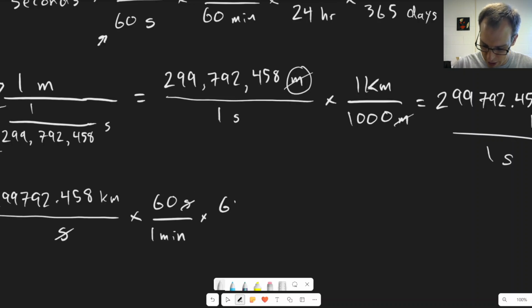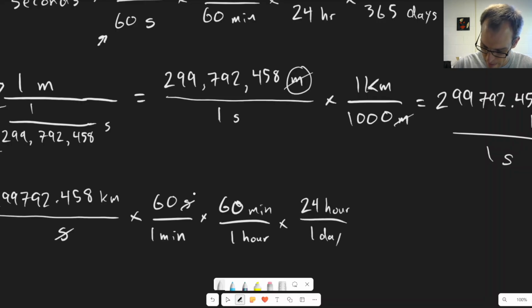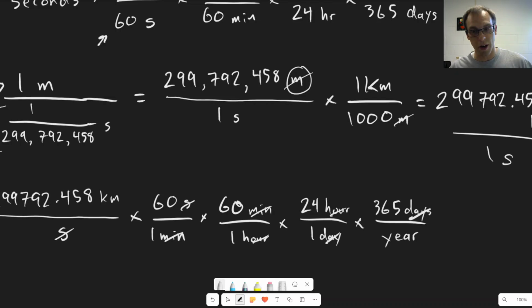So then we need 60 minutes per hour, 24 hours in 1 day, and 365 days per year. And we can see all these units cancel. We're just doing multiple unit conversions in a row here. This is still not changing the value though. All these are multiplying by 1. And what this will give us at the end is how many kilometers light travels in a year.